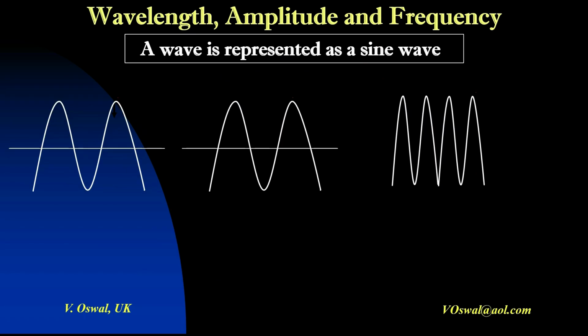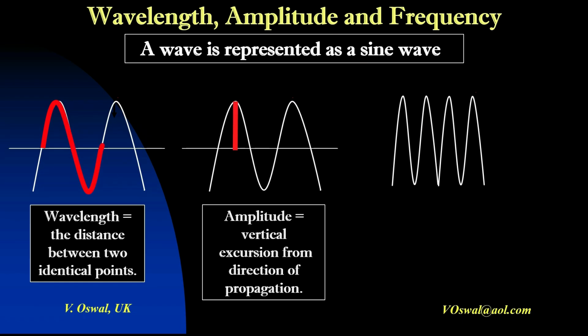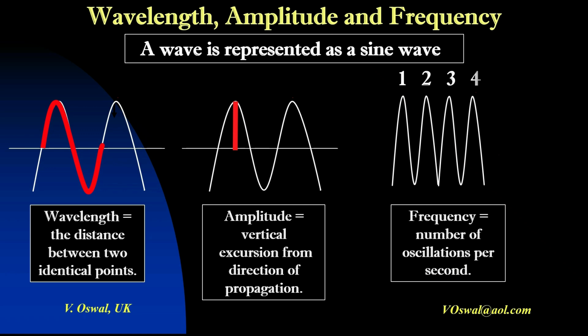A wave is represented as a sine wave. The wavelength is the distance between two identical points. Amplitude is a vertical excursion from the direction of propagation, and frequency is the number of oscillations per second.